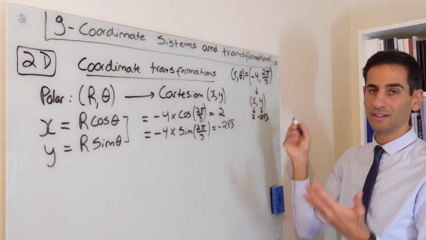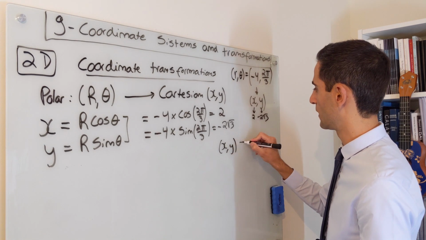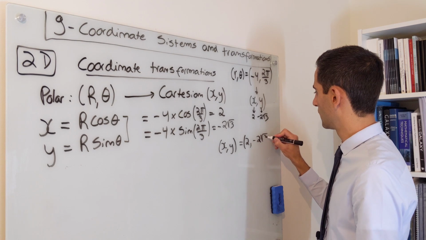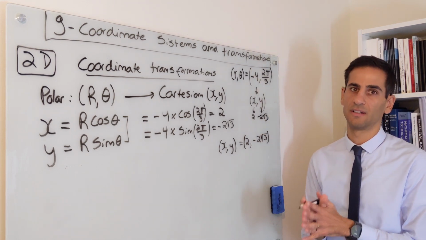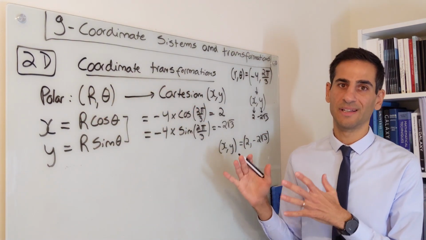And the point in Cartesian coordinates is then given by x, y equals 2, minus 2 square root of 3. And this would be the final answer. If you want to convert from polar to Cartesian, it's as simple as this.